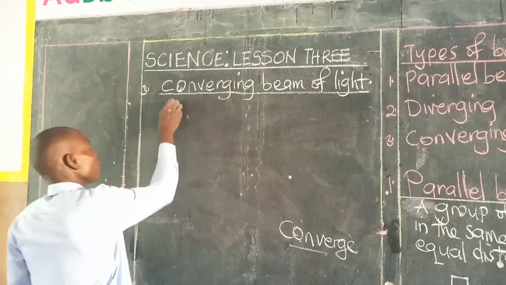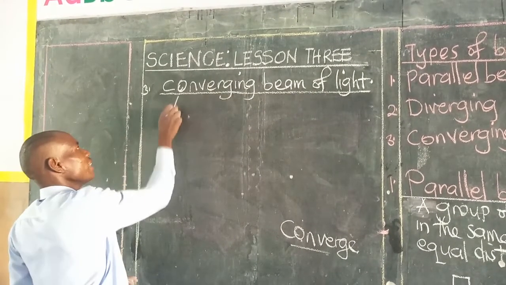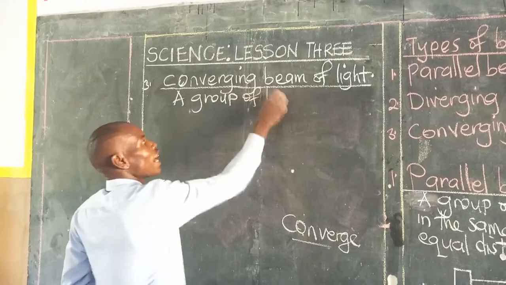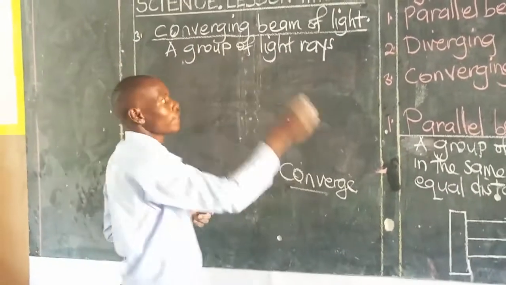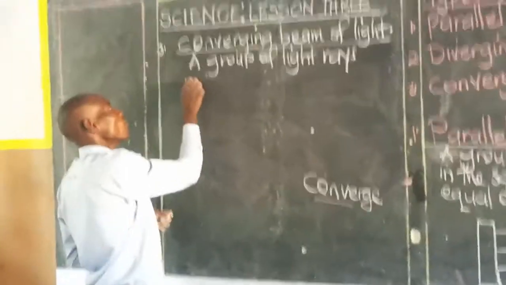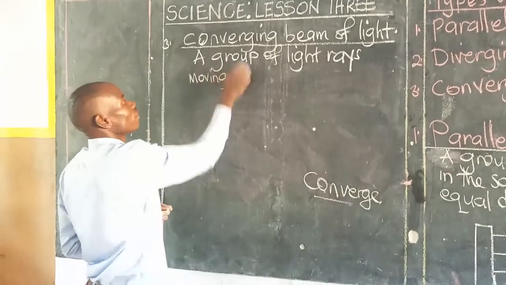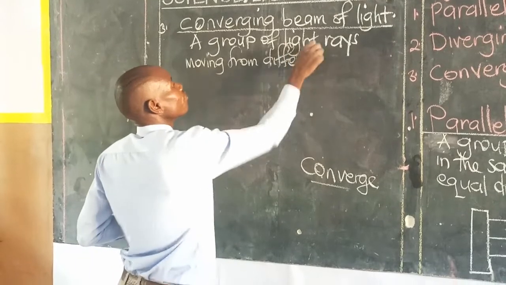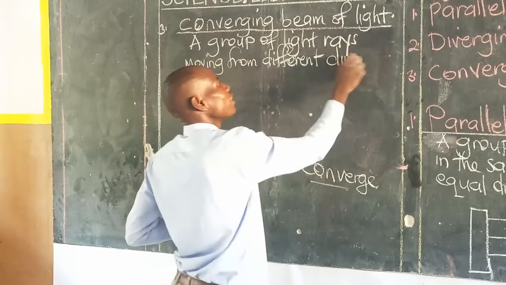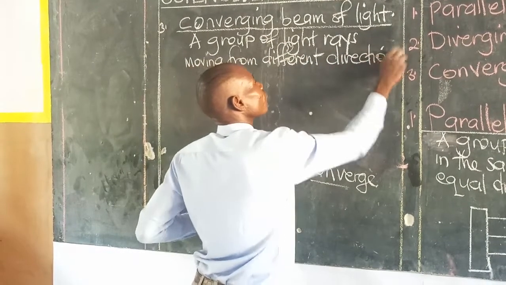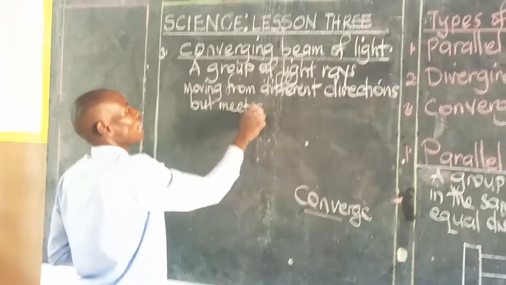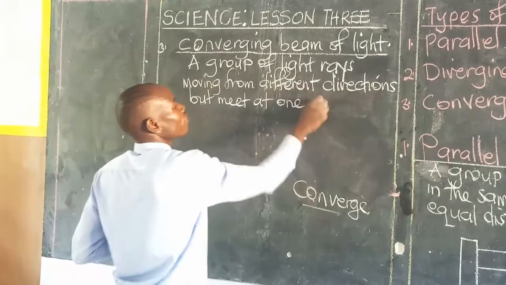So we can say that a converging beam of light is a group of light rays moving from different directions, but meets at one point.